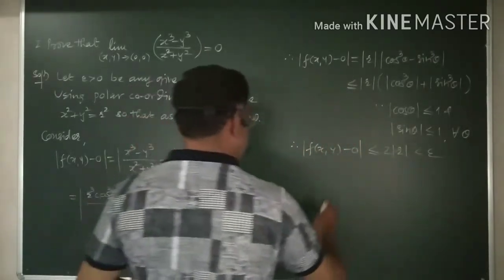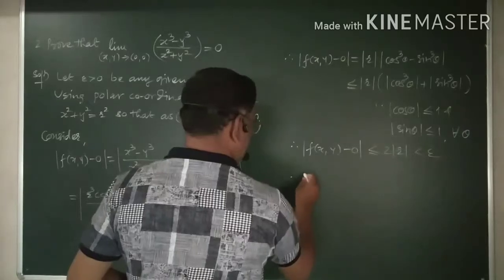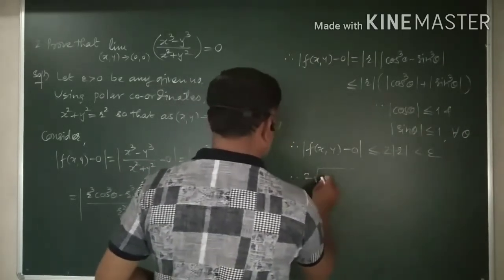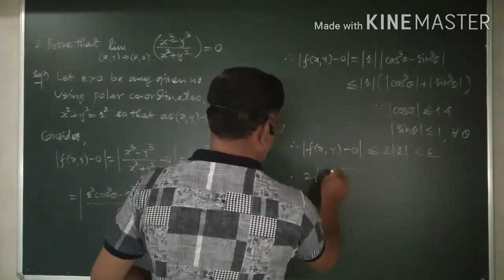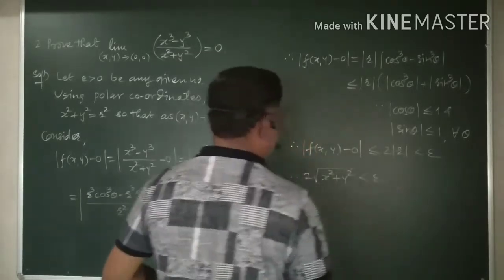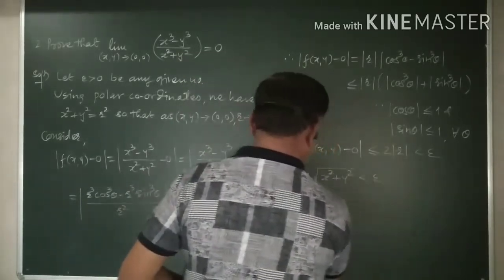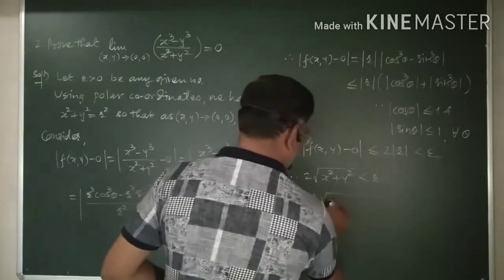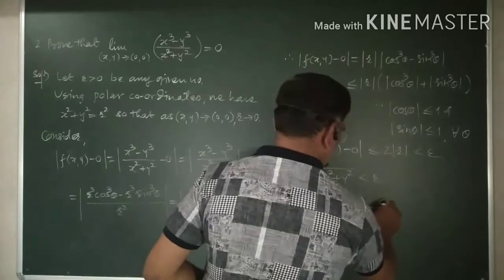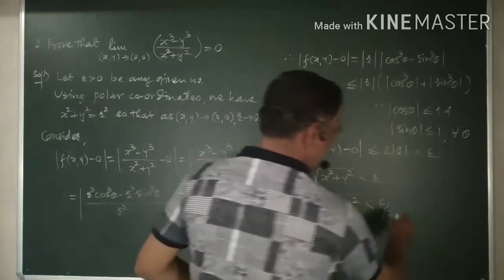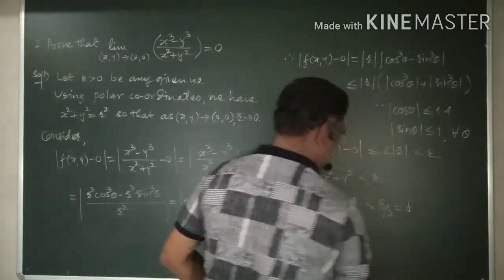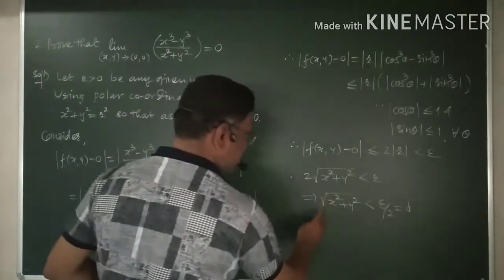The absolute value of r is nothing but root of x square plus y square, so root of x square plus y square is less than epsilon by 2. Let us call epsilon by 2 as delta.